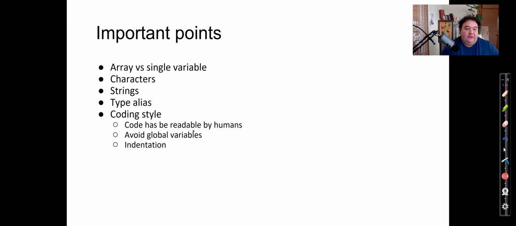As a type, we're going to look at characters and how those are represented in a computer. Strings are just sequences of characters. There is a way of creating aliases for the new types that one is creating through composition of the basic ones.